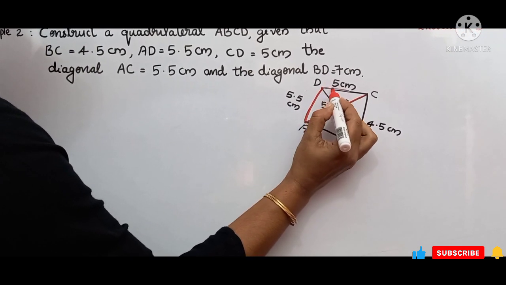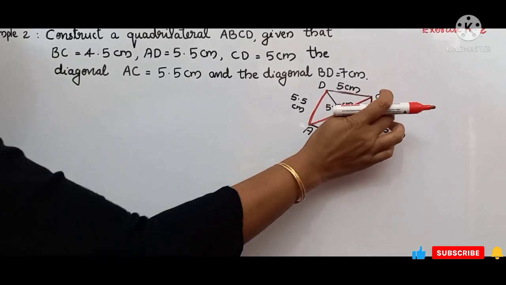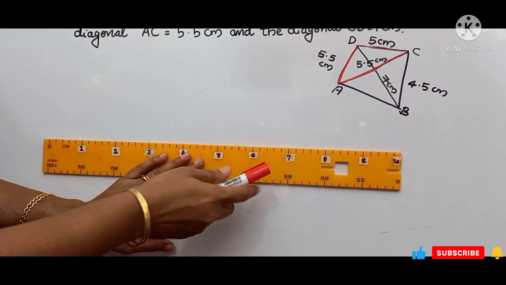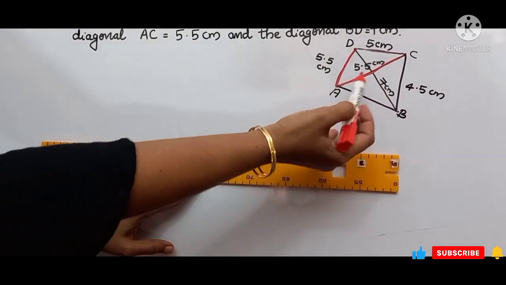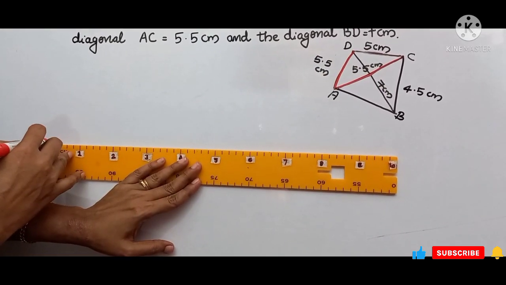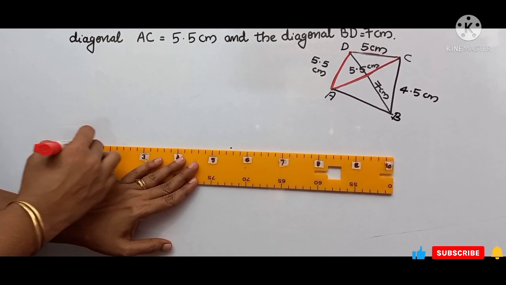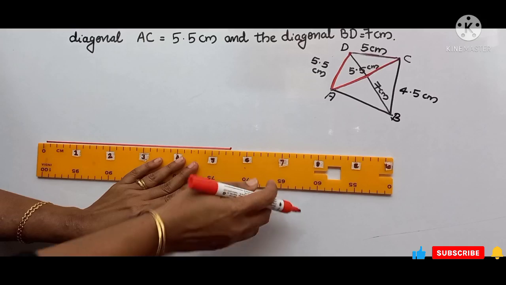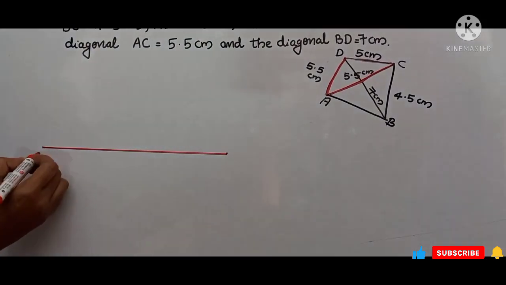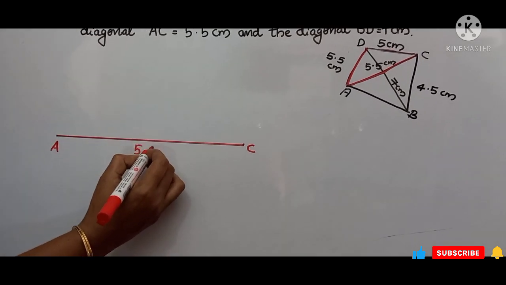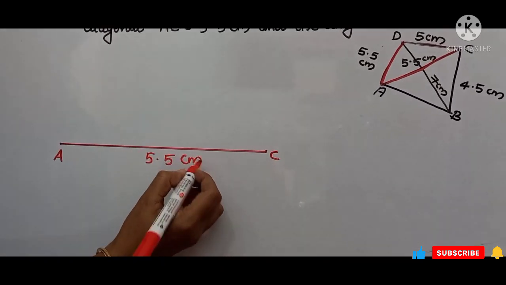This triangle first we can draw AC with the 5.5 centimeter. Okay, then first we are drawing that AC with the 5.5 centimeter. Here it is 5.5. Join these line points. Now we have got AC. Give that name also AC 5.5 centimeter.